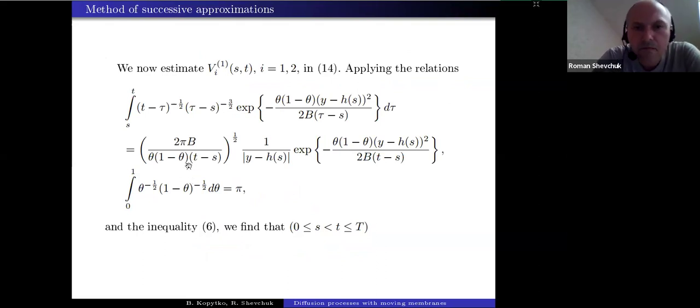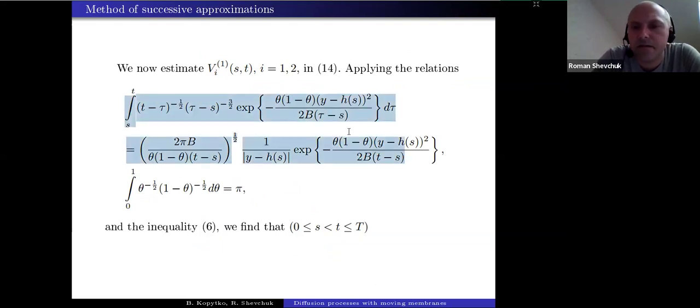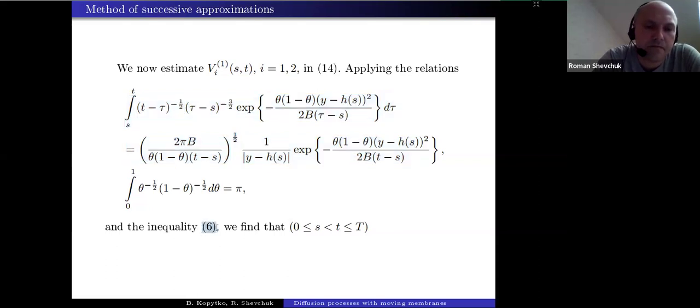Now we can estimate Vi1. To do this, we have to apply the relations. We can take this integral, and the inequality 6 is the condition on the measure mu.